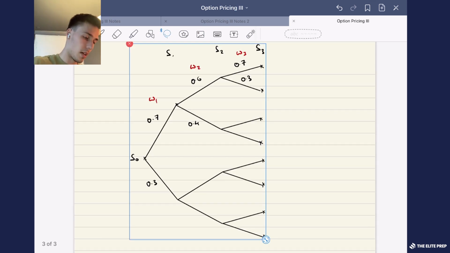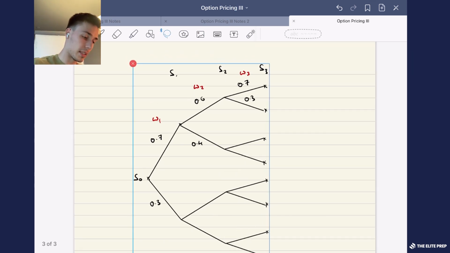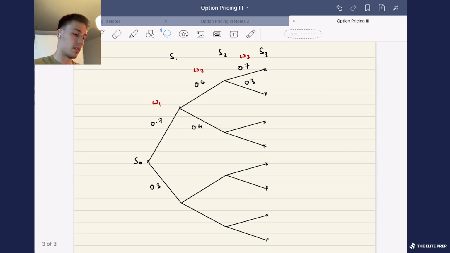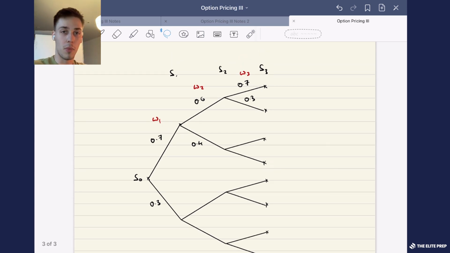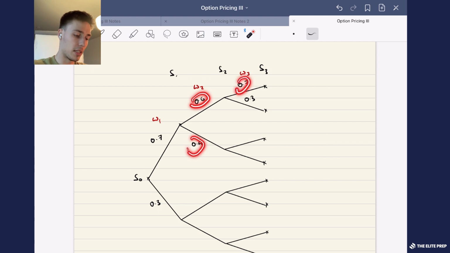So for the example, we will consider the following dynamics. So imagine omega 1, i.e. the first toss of a coin, happens with these probabilities. So either we throw heads with 70% probability or tails with 30%, and we continue in this way. So the throws are independent.